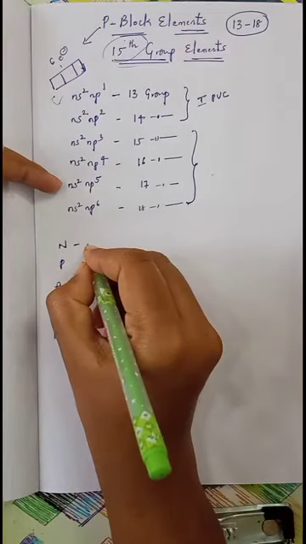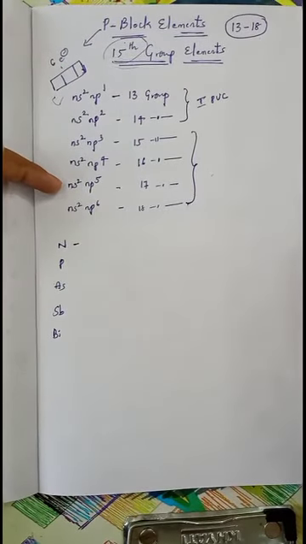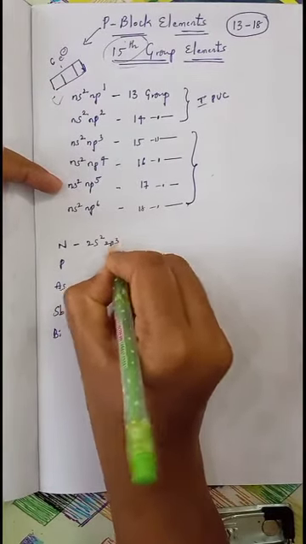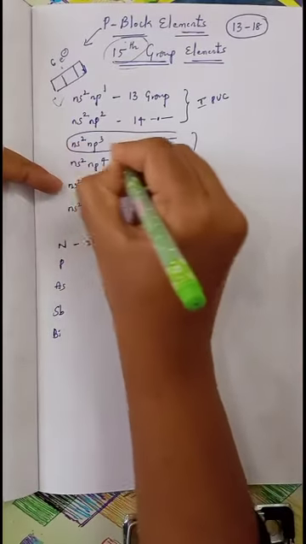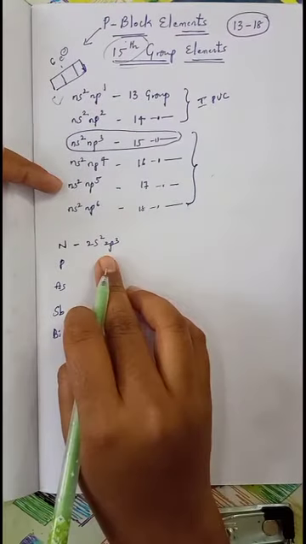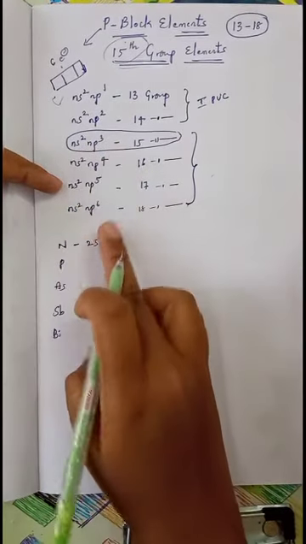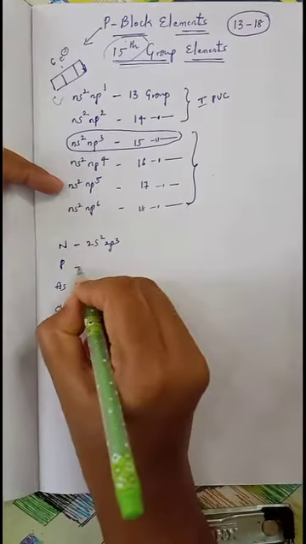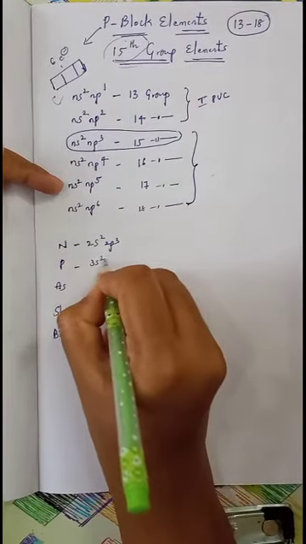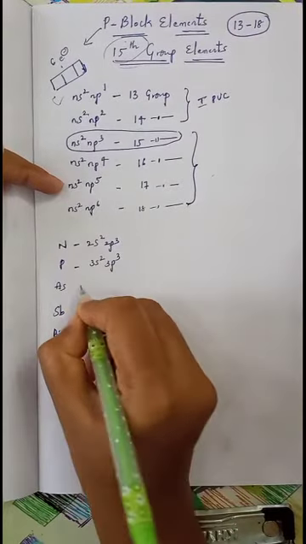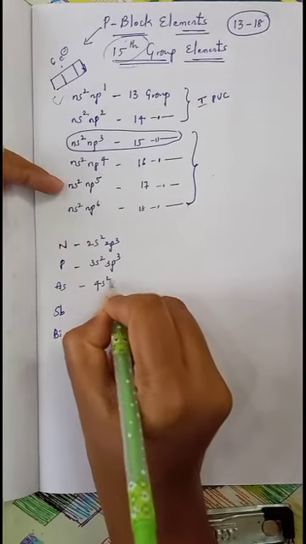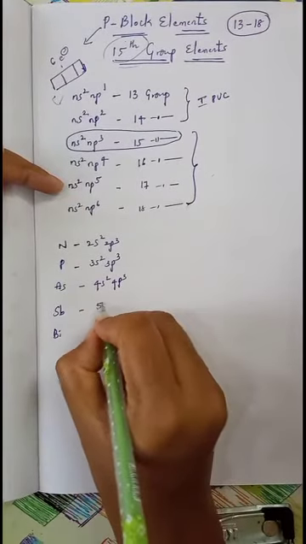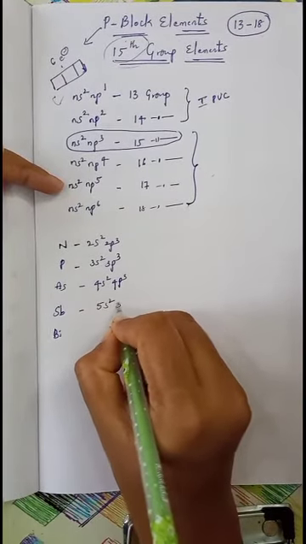Nitrogen has the configuration 2s2 2p3. As we know, 15th group elements should contain the outermost configuration ns2 np3. Here np is nothing but 2p, and in 2p only 3 electrons are present. Now phosphorus is 3s2 3p3. For arsenic 4s2 4p3. For antimony 5s2 5p3.